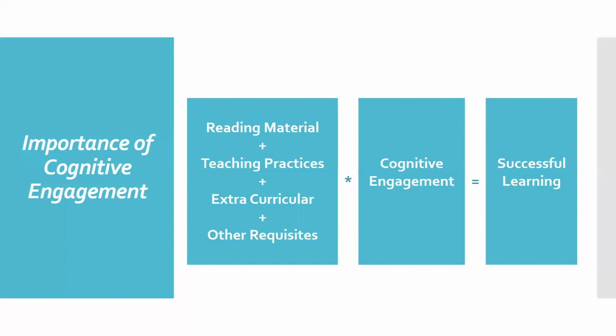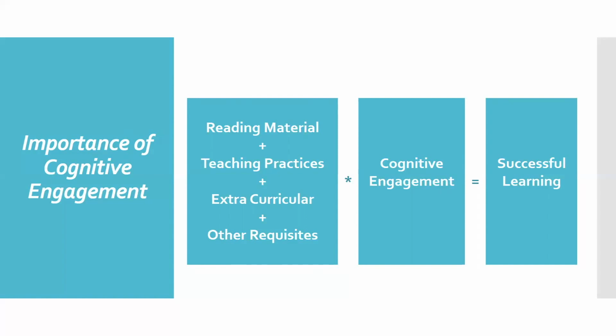It demonstrates that if there are useful study materials, amazing teaching style, good extracurricular activities, and other requisites of learning, but there is zero cognitive engagement, then the output would be zero learning. And as the level of cognitive engagement increases, student will advance towards learning. This shows how important it is for the instructor to engage their students in an online class.